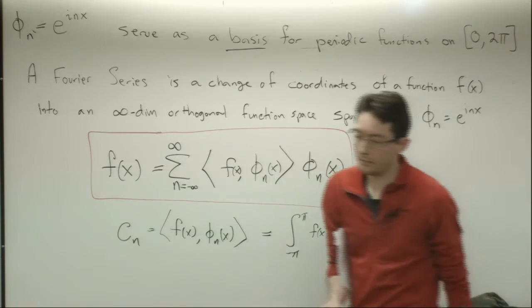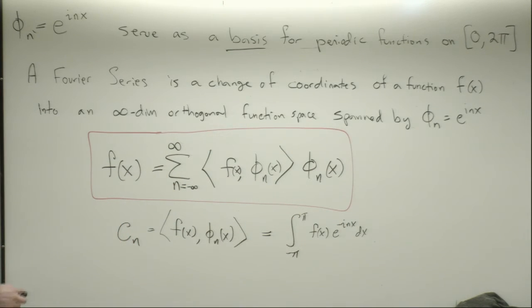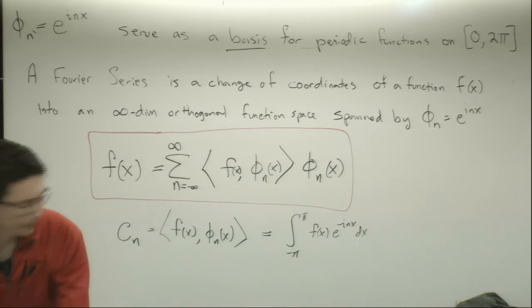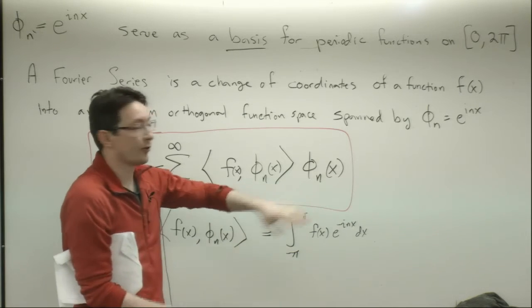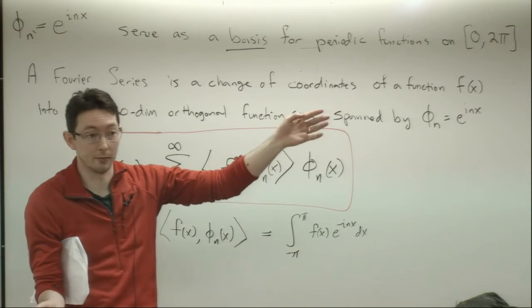Student: Do we always have to sum from negative infinity, or will those ever be repeated? So that's a good question. This is general for complex valued functions. I could have f of x equals some complex number.